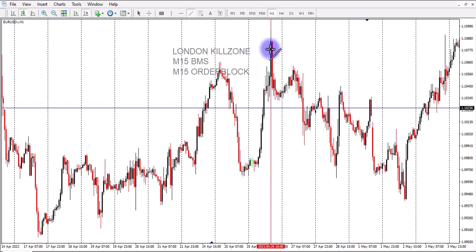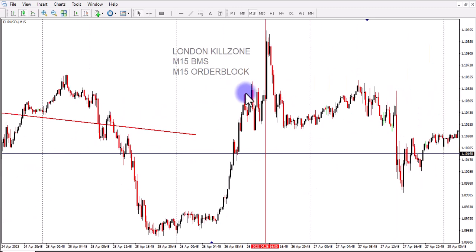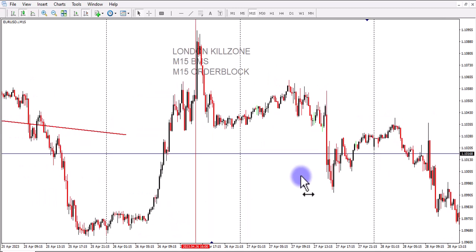And from this point to this point, it was a downtrend. I'm going to show you how to trade in these regions. If you go to the M15, you clearly see that from this red line, the price started to transition to a downtrend, and it also shows on the lower time frames. And I'm going to show you entry techniques that you can use on the lower time frames.